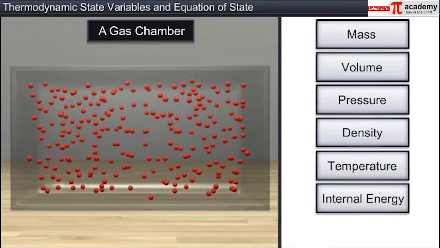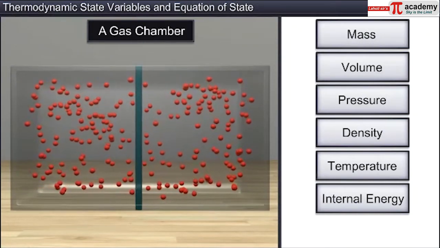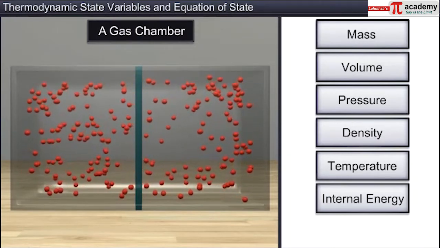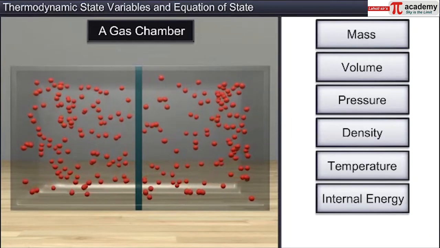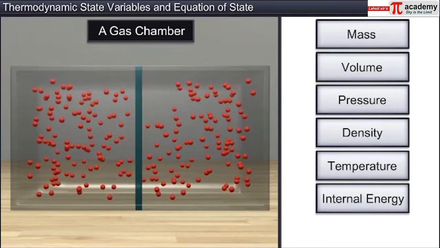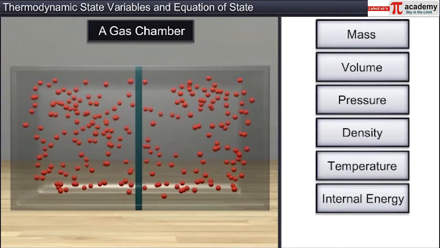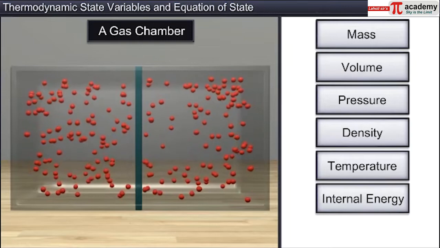If a system of gas in a chamber, that is, in an equilibrium state, is divided into two equal parts, the variables that remain unchanged are intensive, and variables whose values are halved are extensive. We can see that there will be no change in the pressure, density, and temperature of the gas.